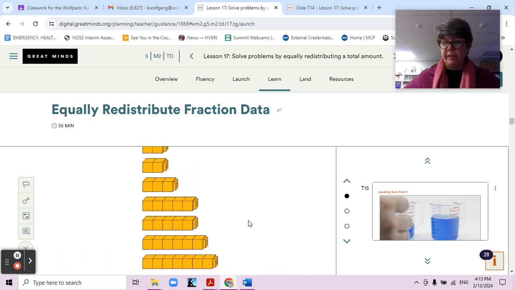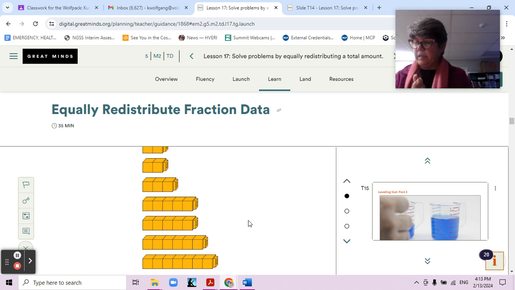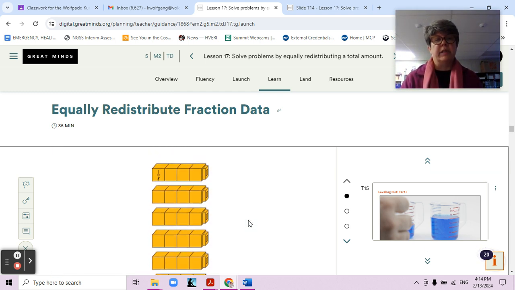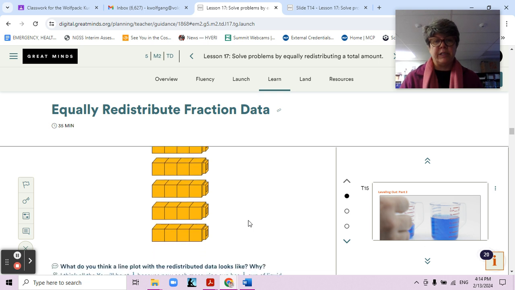Could we take them all apart and then put them back together so that we still have 8 stacks, but we could distribute them evenly? We could count them all and then divide by 8. Those are all good possibilities, right? And here's what they would look like. Look at that. There's 4/8 in each one.